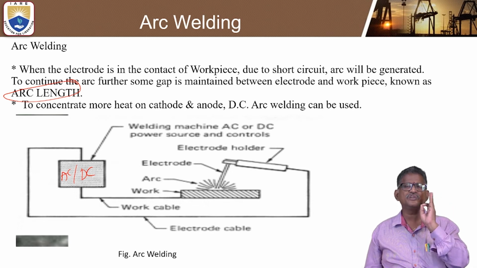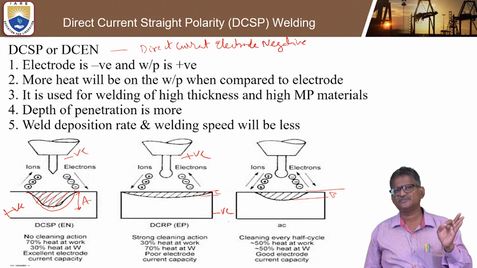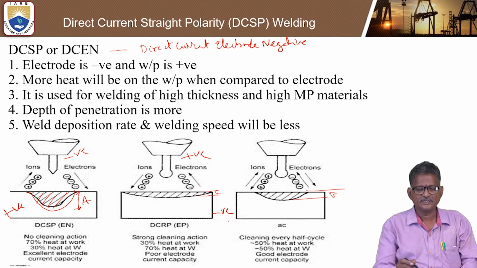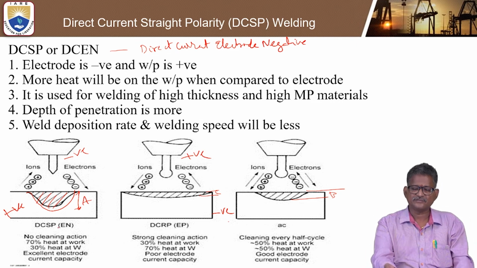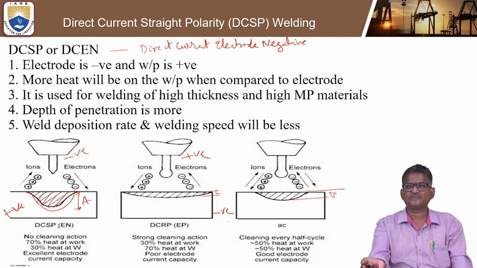More heat can be generated in DC only. DC SP means the workpiece is kept positive and the electrode is negative. DC RP means the workpiece is negative and the electrode is positive.